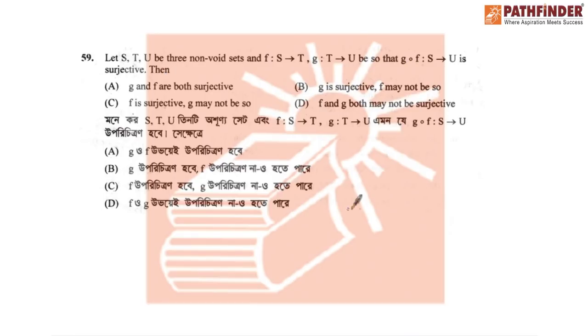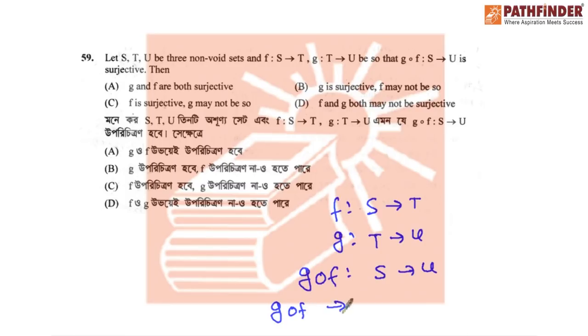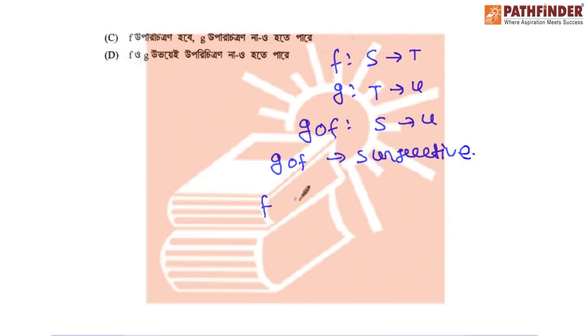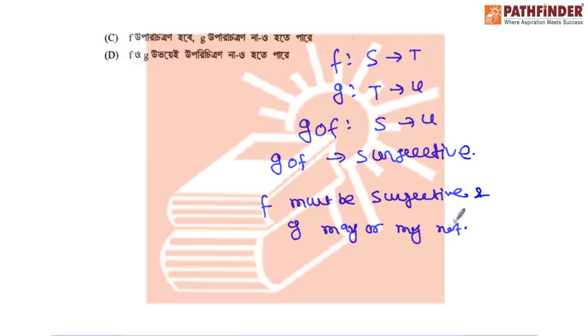Since g of f is surjective, meaning an onto function, f must be surjective, and g may or may not be, which is given in option C.